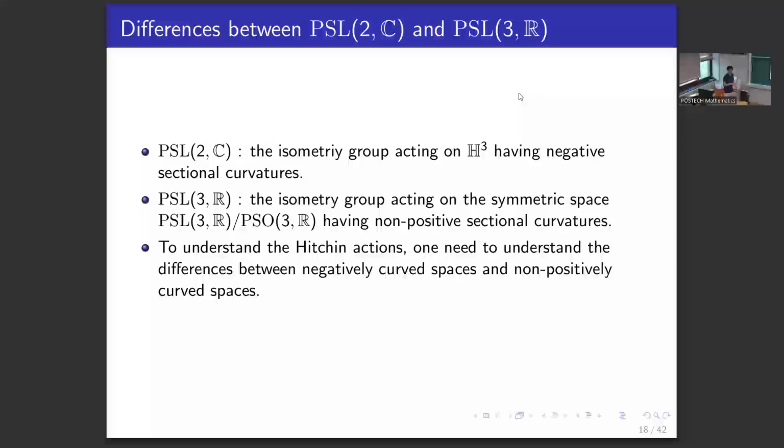So it has a Euclidean 2-plane inside the symmetric space. Okay, so to understand the Hitchin action, we need to find some difference between negatively curved geometry spaces and non-positively curved spaces. Okay.